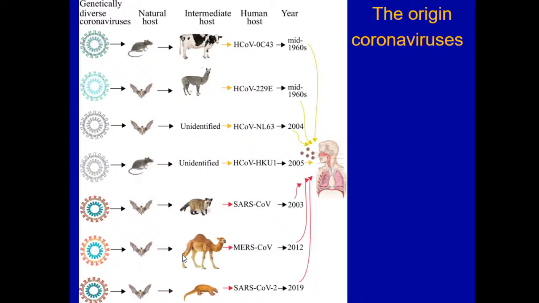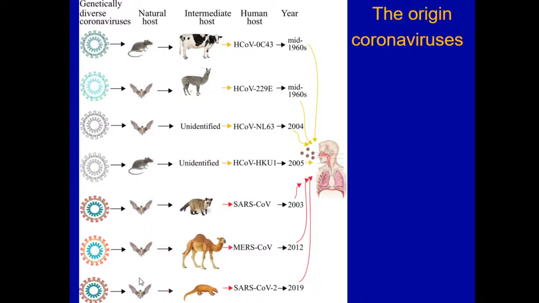Here you can see a summarized table of human coronaviruses and their origin. You can see that mostly we have a natural host that is somewhere in between the human and where the coronavirus may occur naturally.